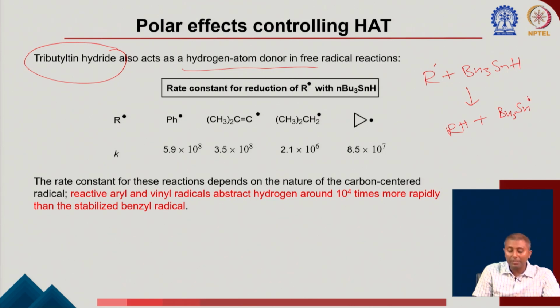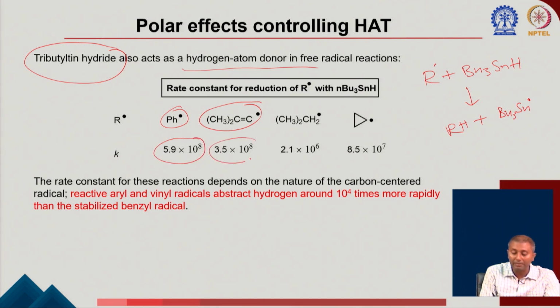In this reaction we are trying to compare the rate. If you have a phenyl or a vinyl radical, then the rate is 5.9 times 10 to the power 8. But once you come to an alkyl radical here, it is much lower.